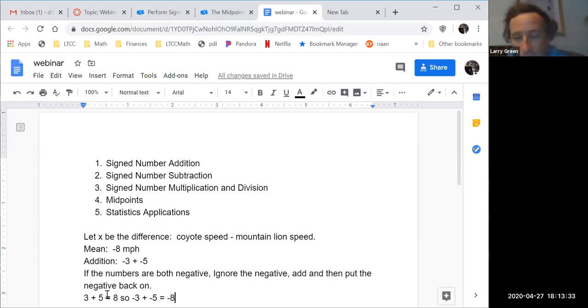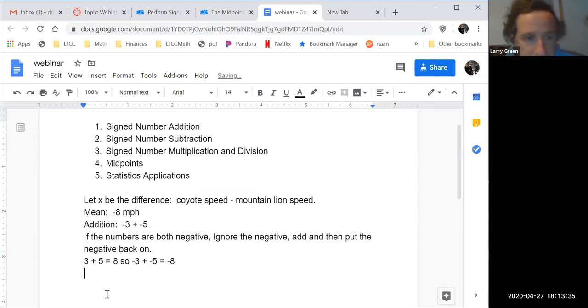Okay, what about it? So we're still in addition. Maybe I'll make that bold so we know that's what we're looking at now. So if the numbers have different signs, okay, that's going to be different. Then we're not going to just ignore the negatives and then add them and put the negative back on.